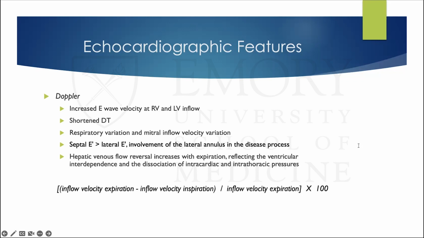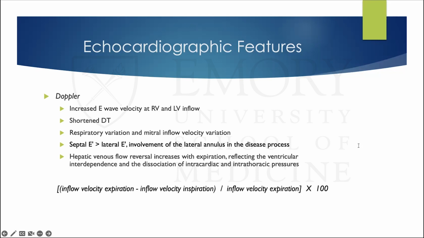That intraventricular septum is going to bow into the right ventricle, and that's going to decrease flow on the right side of your heart, and that flow is essentially going to back up into your hepatic vein and cause reversal of flow. So in constrictive patients, you should see hepatic vein flow reversal with expiration, whereas with restrictive patients, you should see it with inspiration. It's important to understand that difference.